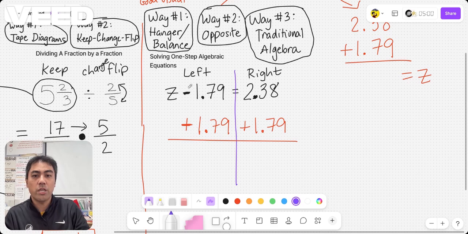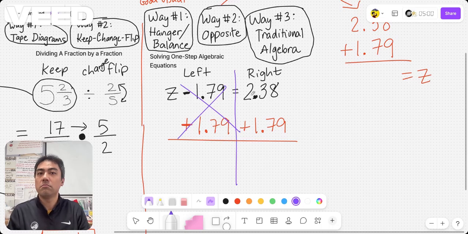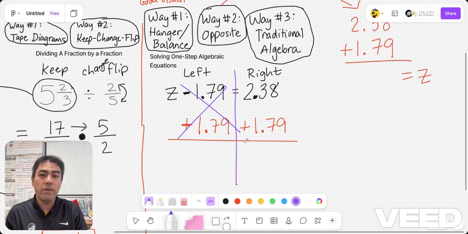So some people just straight up cross it out. Other people will just X it out because this is zero and it's gone. It's nothing. Now, the only thing that we have left on the left side is Z. So Z is the only thing still here. The equal sign is still in the middle.